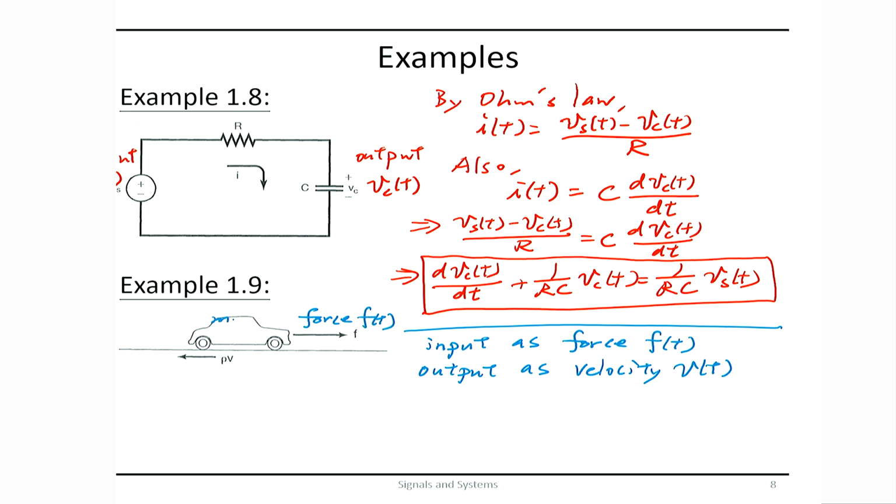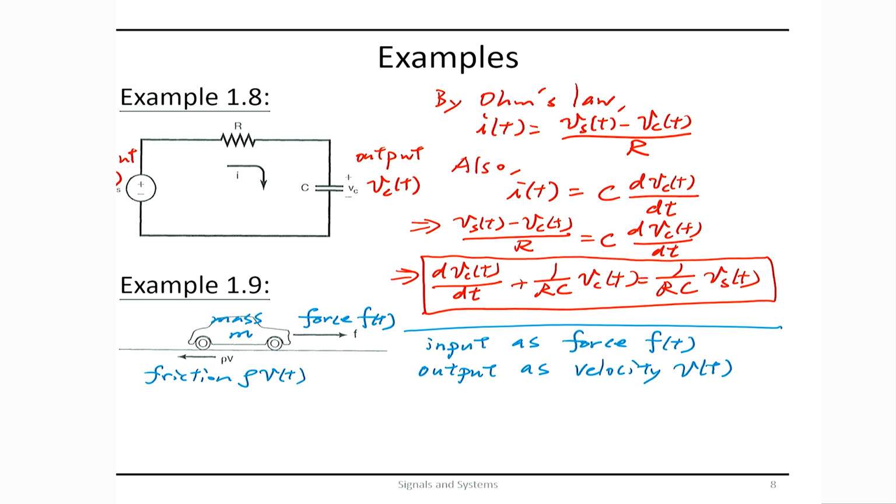We assume that the vehicle has mass m and that there is friction that is proportional to how fast we are traveling. So we have a friction of rho v of t in this direction.